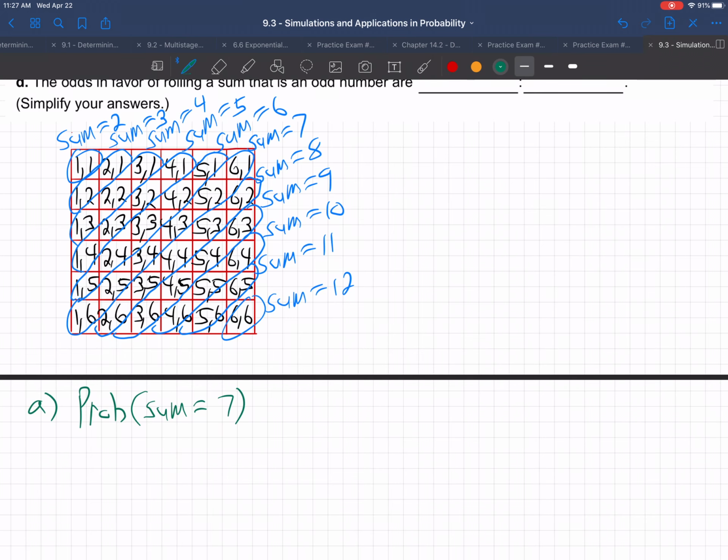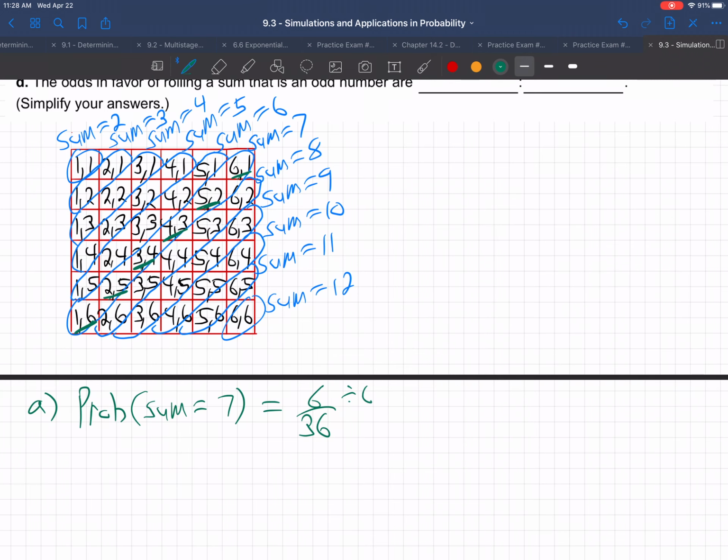Well, you can see on the sum 7, we have 1, 2, 3, 4, 5, 6 out of the 36 entries have a sum of 7. See, I just went right down the diagonal, sum of 7. 6 out of 36, the whole box is 36 entries, 6 by 6. 6 out of 36 of them have a sum of 7.